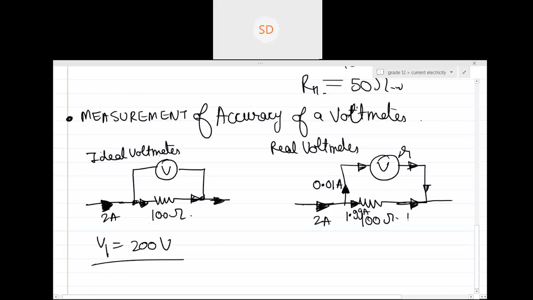Is this clear, guys? Can you see what is exactly happening in the case of a real voltmeter? The voltmeter, even though it is small, still takes some amount of current to operate at least. This is what happens in the case of a real voltmeter.